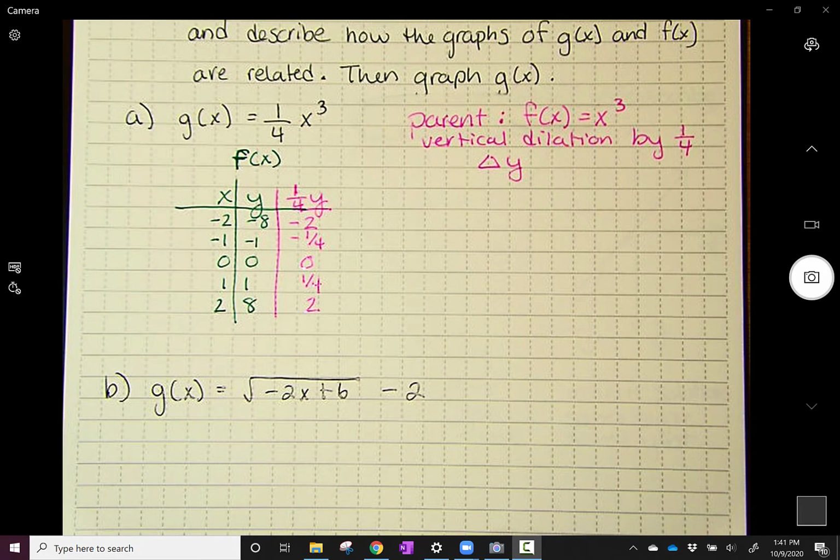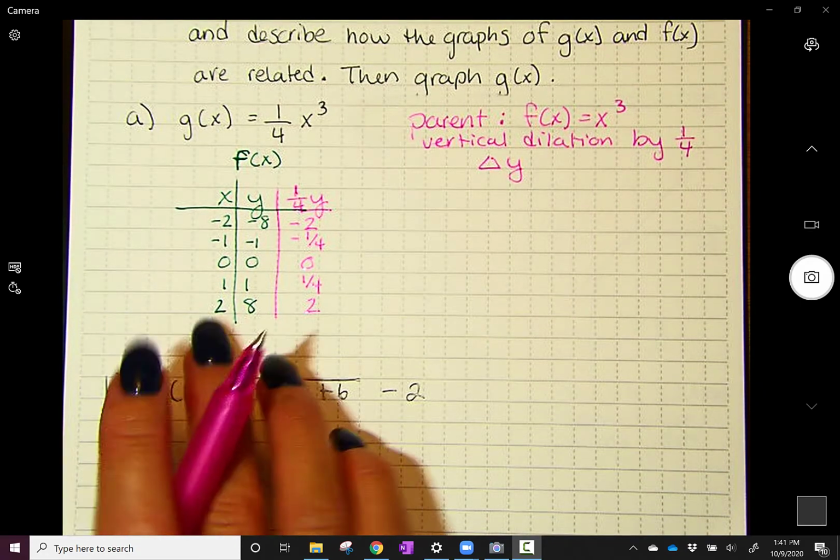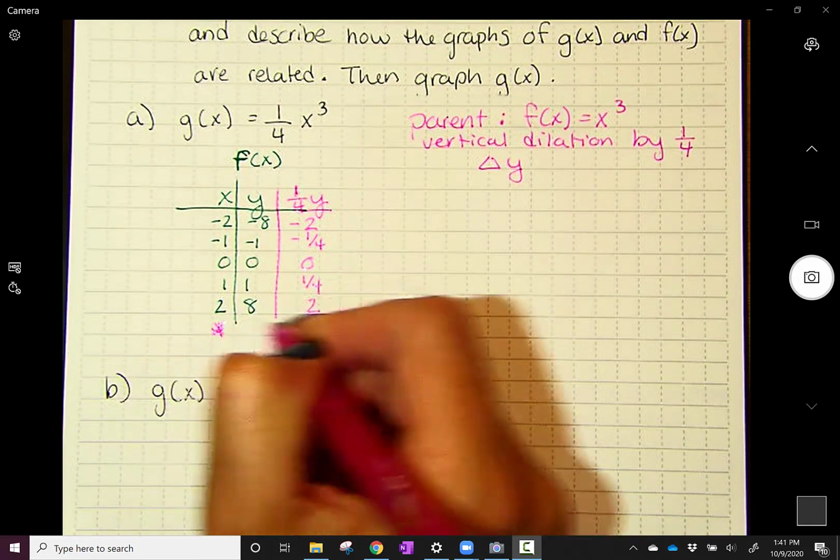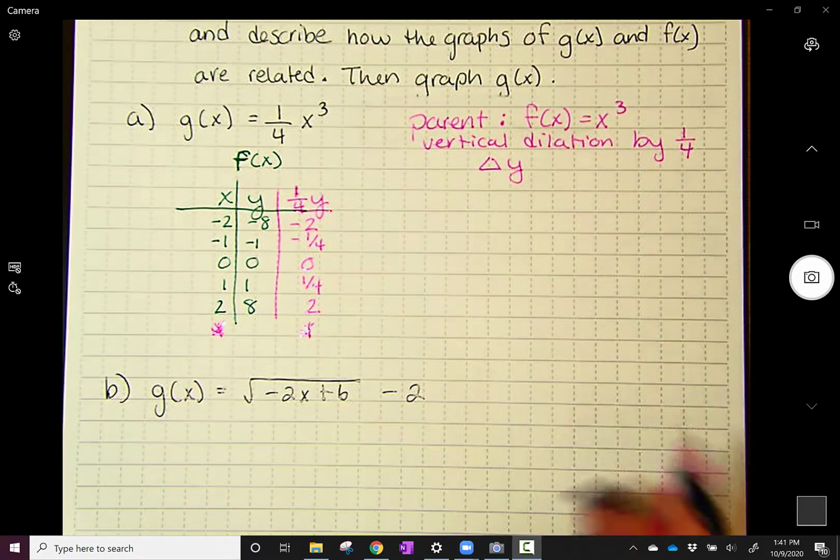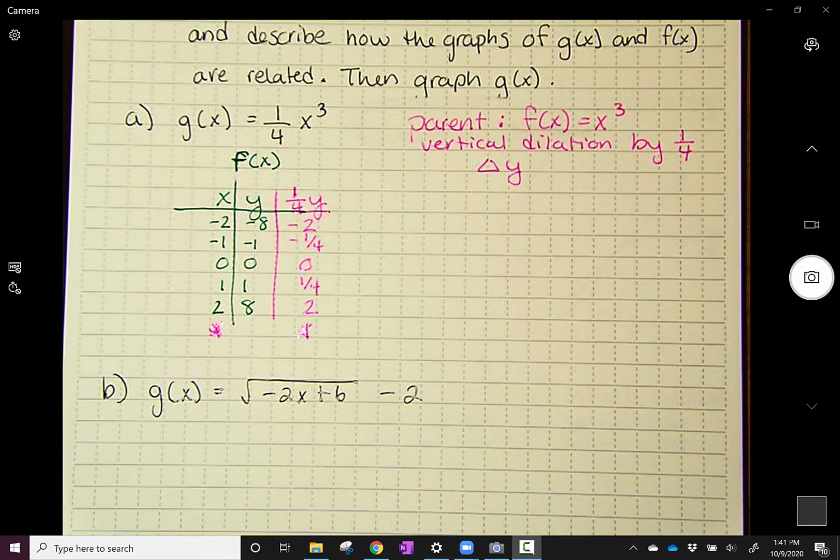Now we don't have any transformation changing our x's, so we're going to graph our original x's paired with our new y's.